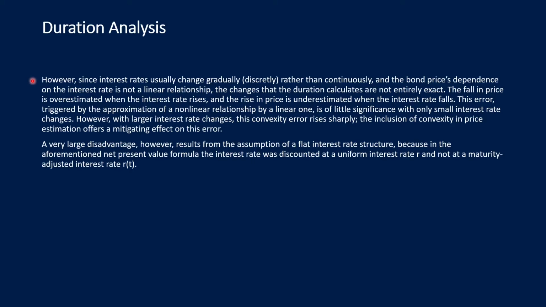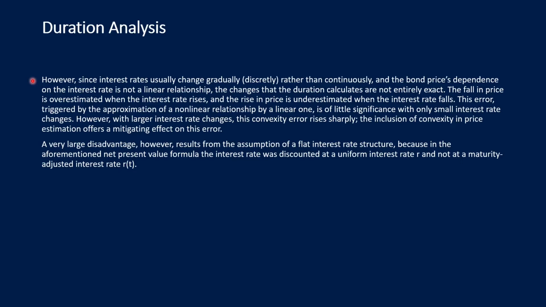However, since interest rates usually change gradually, discretely, rather than continuously, and the bond price's dependence on the interest rate is not a linear relationship, the changes that the duration calculates are not entirely exact. The fall in price is overestimated when the interest rate rises, and the rise in price is underestimated when the interest rate falls.